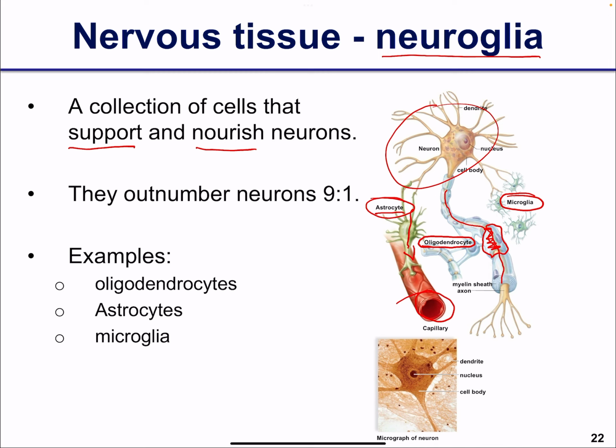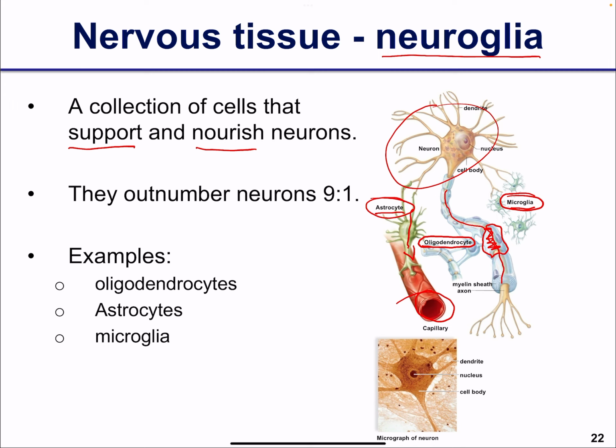Finally, but not least, you do have microglia. Microglia are these protective cells that are going to protect the neuron against any foreign attack. For instance, viral infections, bacterial infections. So those microglia are going to engulf anything that can try to come in to cause damages in the neurons.